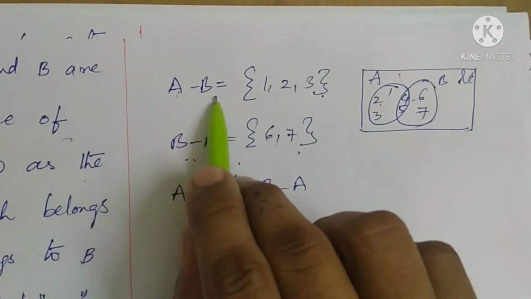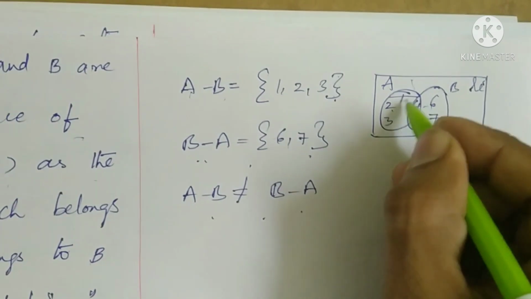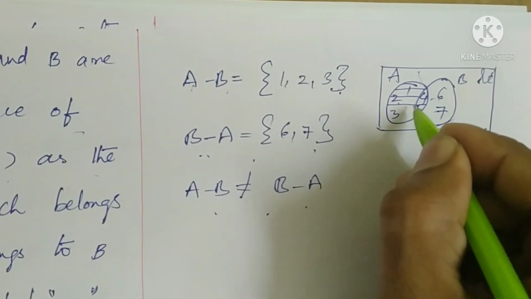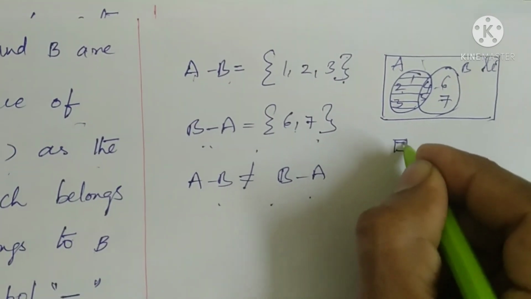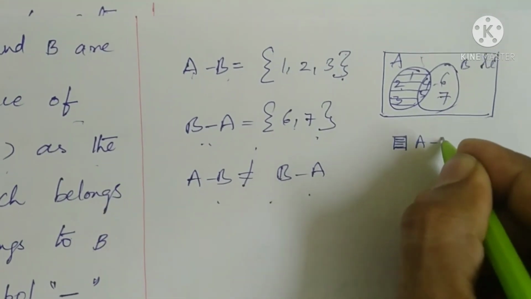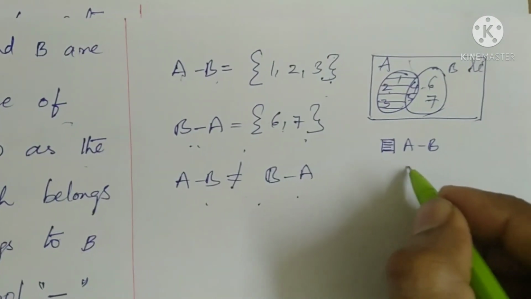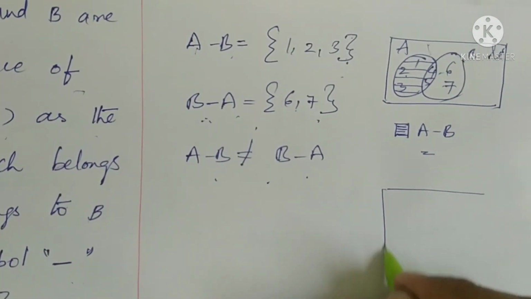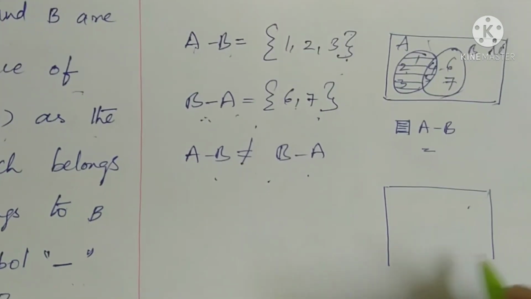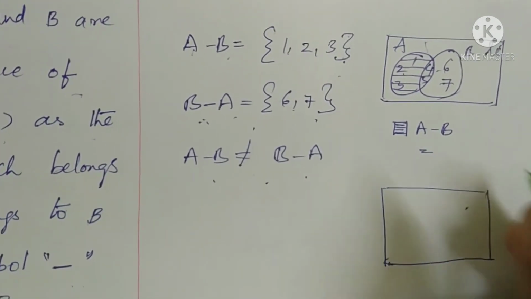So here the A minus B Venn diagram is this shaded portion. This shaded portion represents A minus B. This is for the A minus B Venn diagram, and now the B minus A Venn diagram. We can draw it once again.